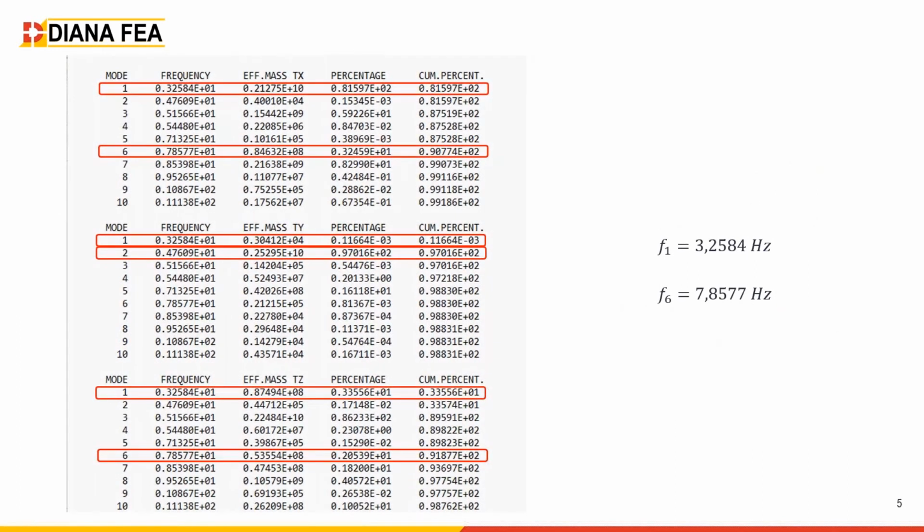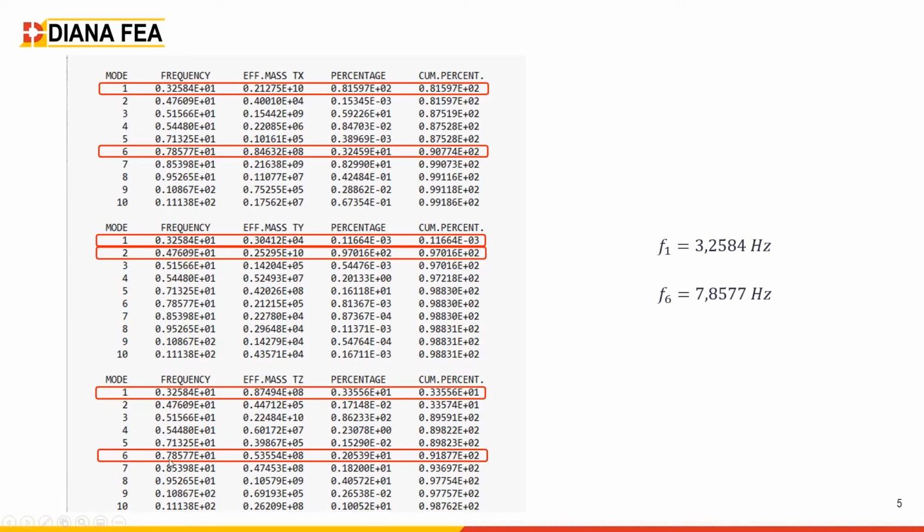So I have copied the output of my output file from the eigenvalue analysis for the X, Y, and Z direction. And from that, I can see that for the X direction, mode 6 is the lowest mode with a cumulative percentage which is above 90%, where for the Y direction, this is for mode 2, and for the Z direction, this happened for mode 6.